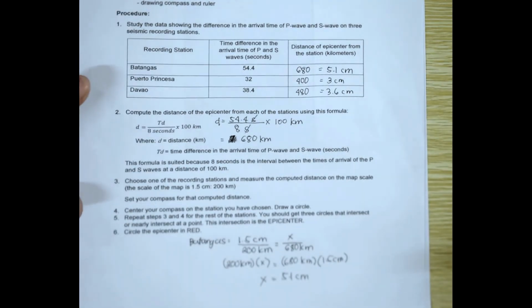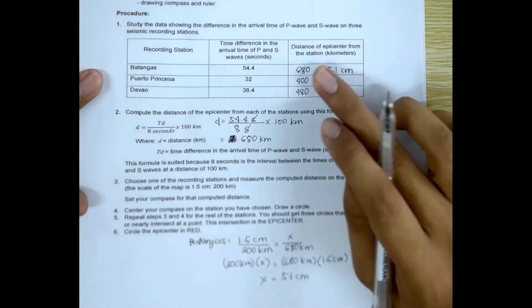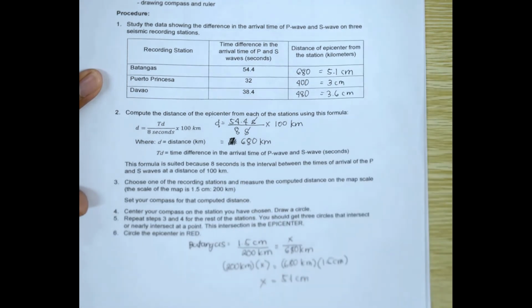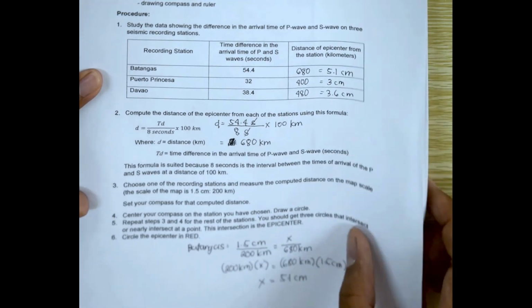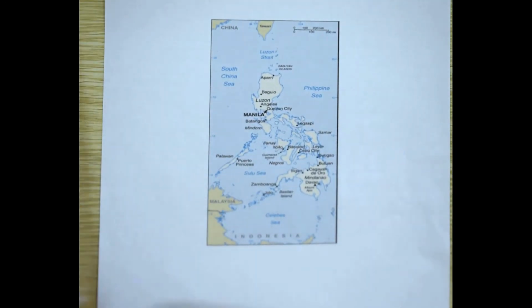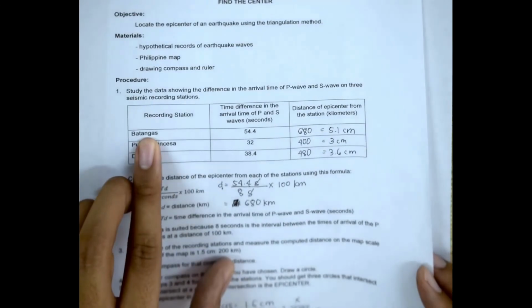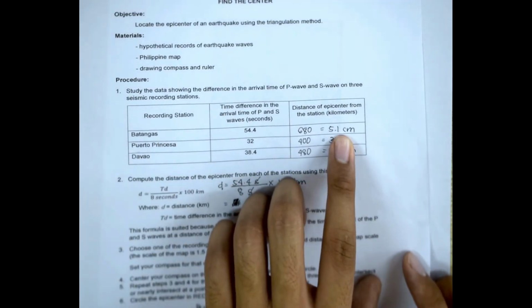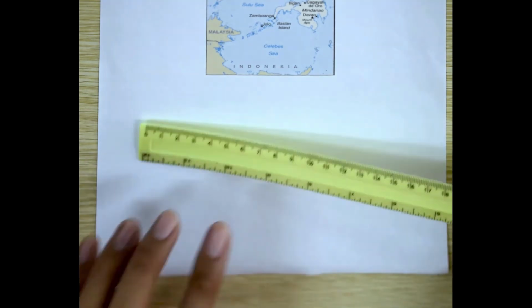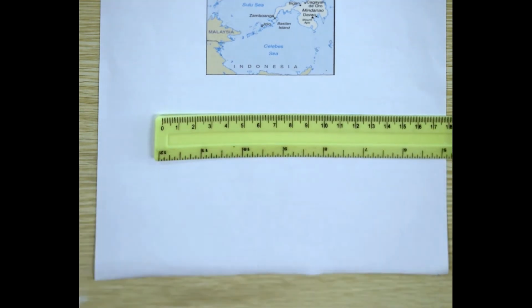Now that we know the distance of the epicenter from the station in centimeters in our map, we will now plot this in our map. So this is our map. Our first station again is Batangas, which is 5.1 centimeters. We will get our ruler and we will measure 5.1 centimeters.